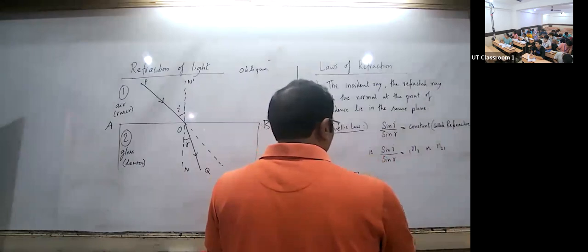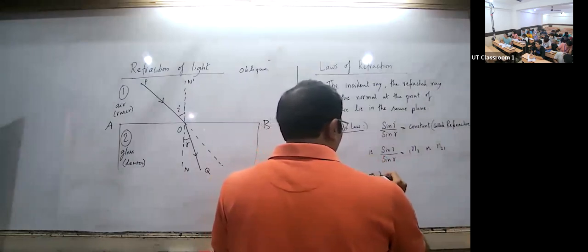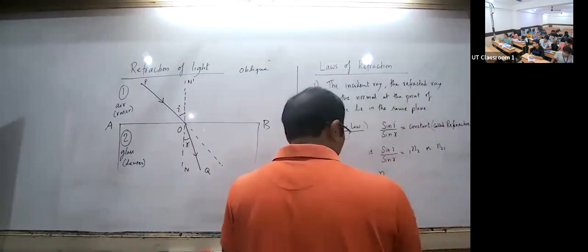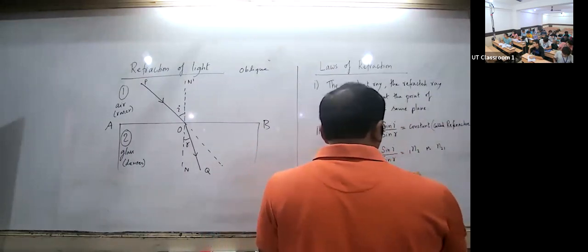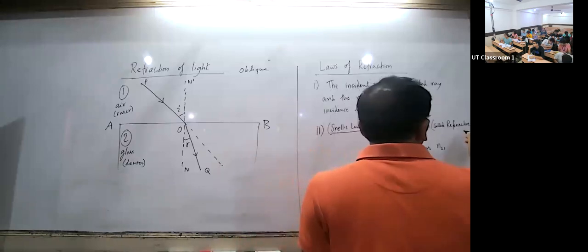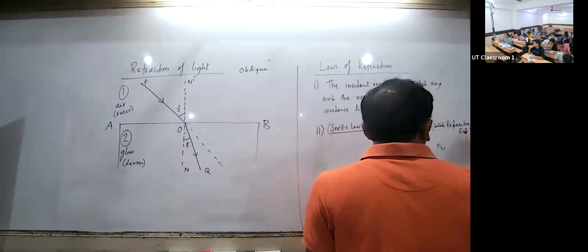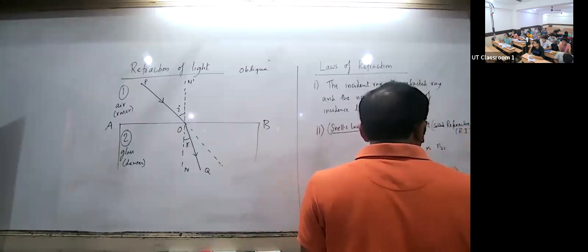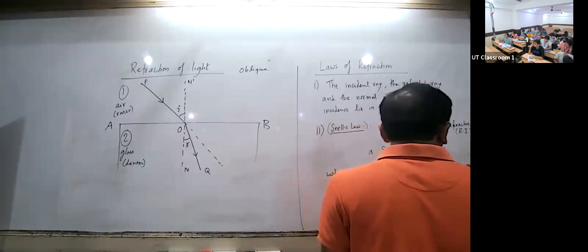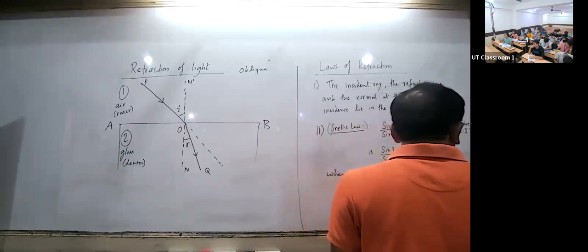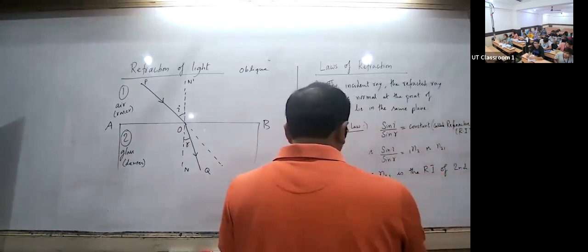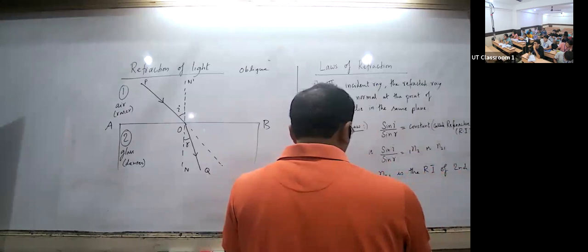N 2, 1 is read as n two one, and it is the refractive index, the short form is RI, of second medium with respect to first medium.